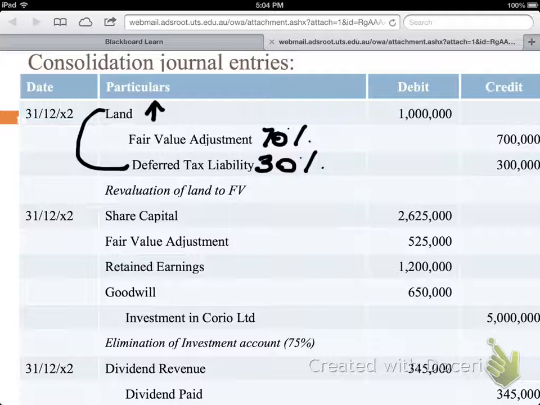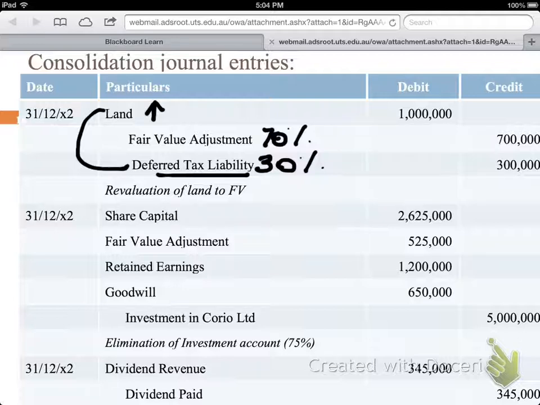You might end up with a DTL or a DTA. Here we have a DTL because an increase in an asset means the group expects more future economic benefits from the asset, so you're increasing future tax to be paid on these future revenues. More future revenues, more future taxes.